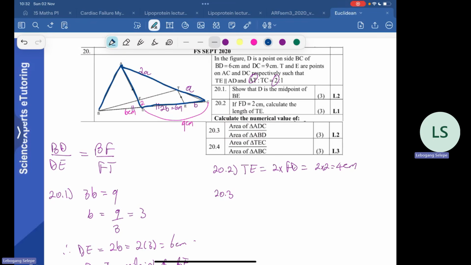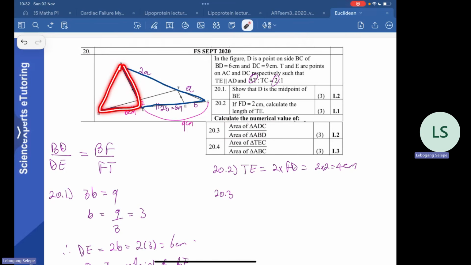These blue triangles don't have a common angle. This one does not share an angle with that one, but they all come from a common vertex.